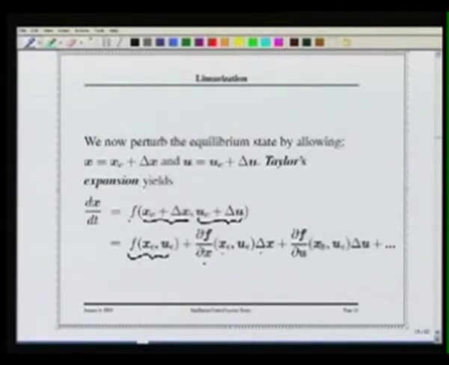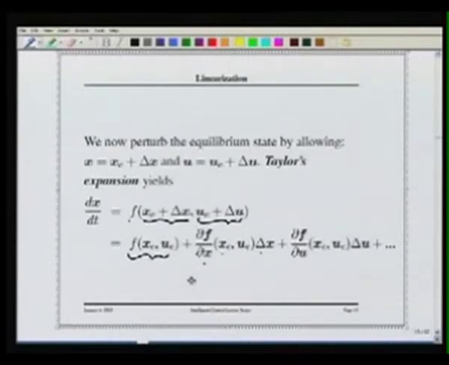Similarly, the next term, these are all first order terms, this is the operating point, the equilibrium point. So this del f/del u, you compute this again, another Jacobian matrix, at xe and ue, and multiply by delta u.